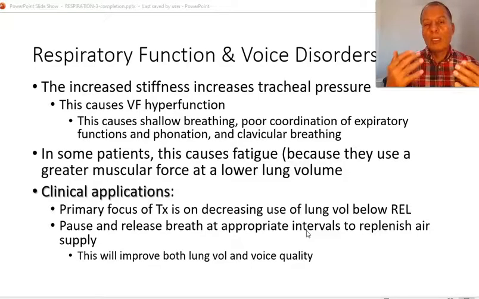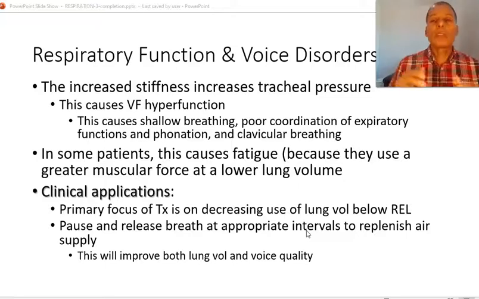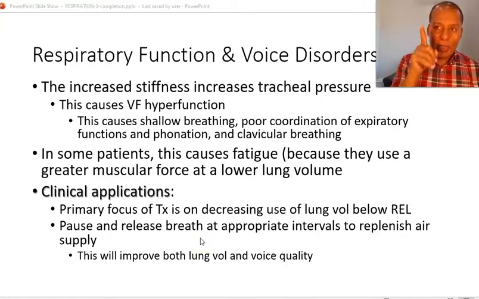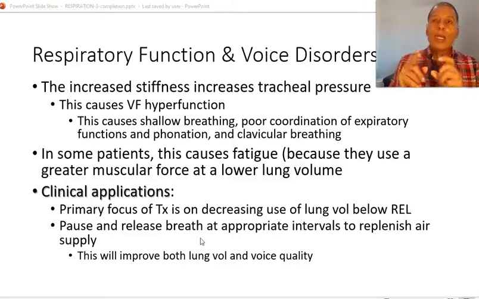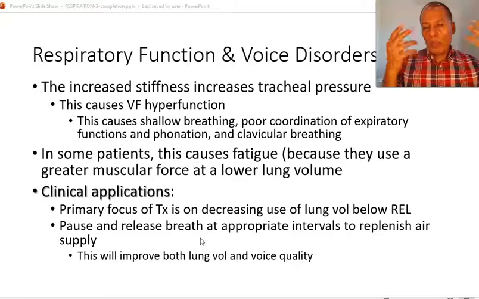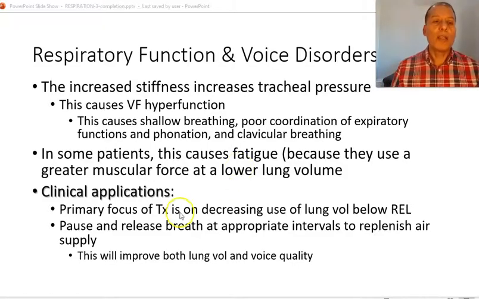So they can start almost at normal levels. Also, pausing and releasing breath at appropriate intervals to replenish the air supply as we speak, but this has to be regulated by the linguistic content that they want to convey. And doing this is going to improve lung volume as well as voice quality.